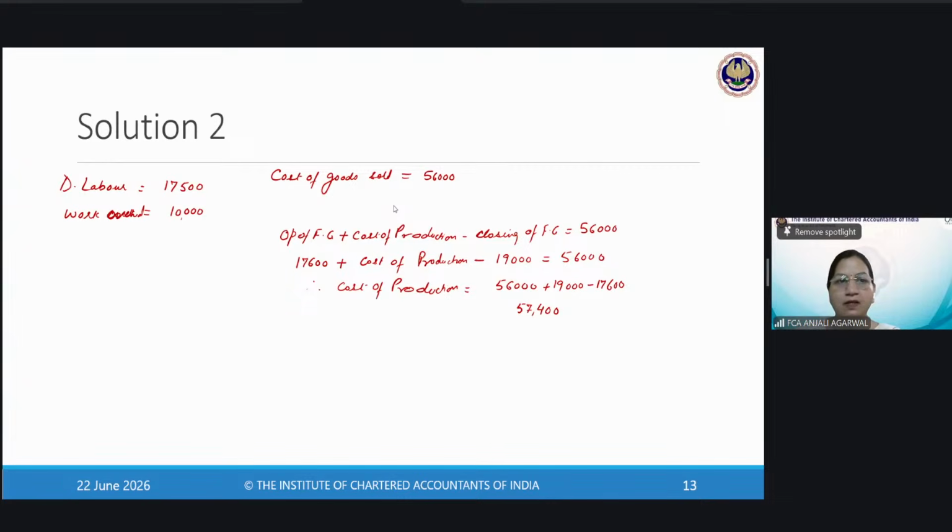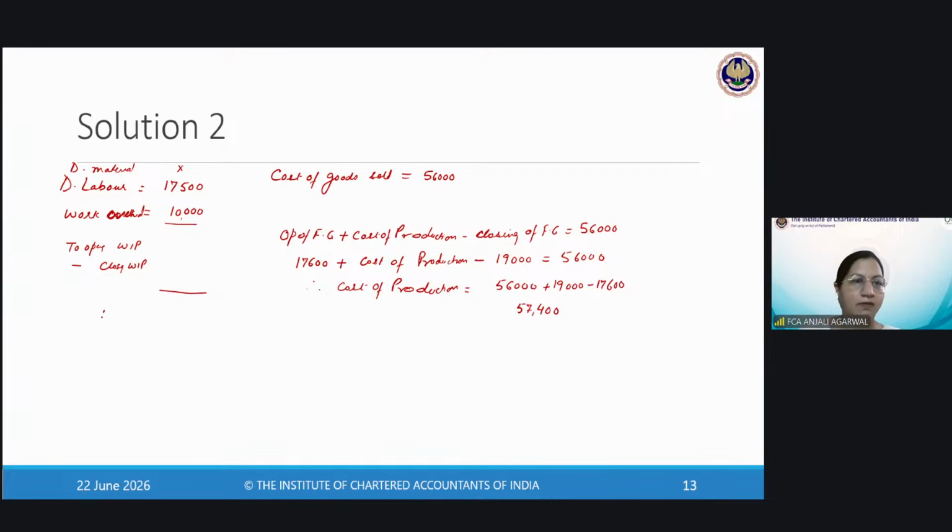Right. Now, what does cost of production comprise of? It comprises of direct material plus labor, which is prime cost. Add to it works overhead. To this, when you add opening WIP minus closing WIP, you end up getting total works cost.